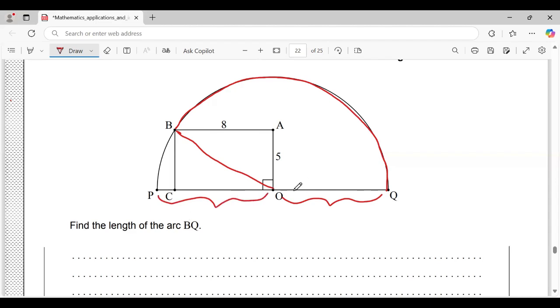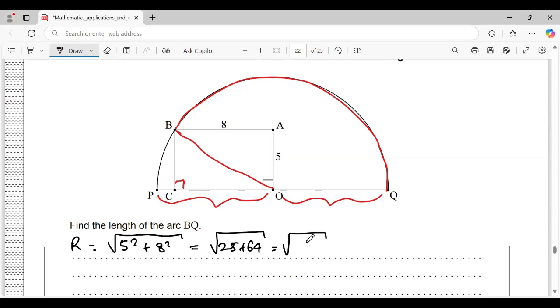So we have to determine the radius through this triangle, using Pythagoras. The radius is the square root of 5 squared plus 8 squared, which is the square root of 25 plus 64, the square root of 89. So the radius is square root 89.